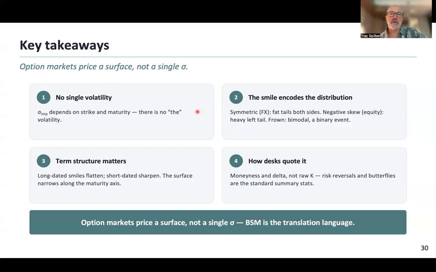And the trading desk's job is to read those different surfaces and try to hedge what those surfaces imply, and ideally to identify a few situations where the market surface is mispriced relative to the trader's view of the true distribution. Okay, and that's where we'll leave it today. Again, not a single sigma. The Black-Scholes model is the model we use to back out the different implied volatilities, assuming, of course, that current prices are a reflection of everyone's expectations of volatility.